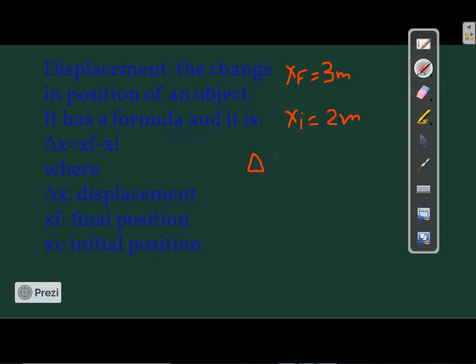Let's calculate the displacement: 3 meters minus 2 meters equals 1 meter. So what am I going to do with that 1 meter?